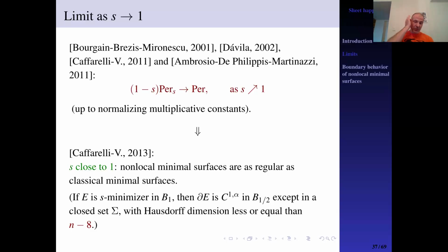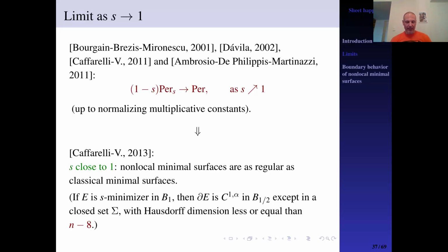And this is important also in terms of regularity, because the only other regularity result known so far is a paper with Luis Caffarelli that says that if S is close to 1, non-local minimal surfaces are as regular as classical minimal surfaces. So this is pretty much the state of the art.